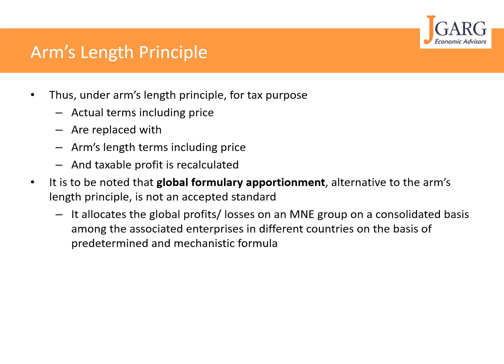Whether that company is into substantial profit or deep losses, that is something not very important to me. I will not say if you are into losses, I will also be into losses. If you are into profit, I should be in profit. So that's why the global formulary apportionment approach is not the accepted standard. So what we're going to discuss is the arm's length principle.